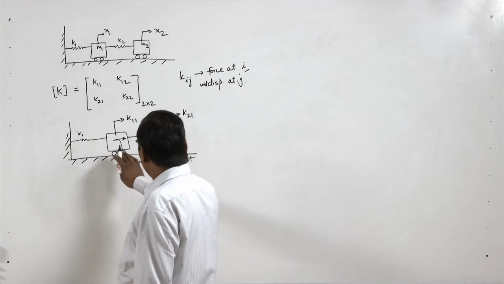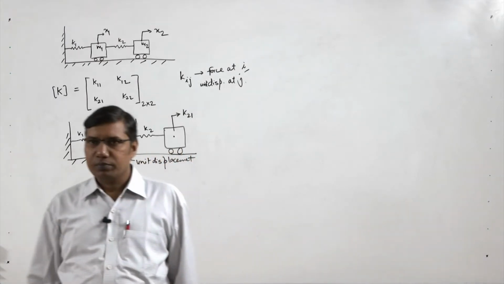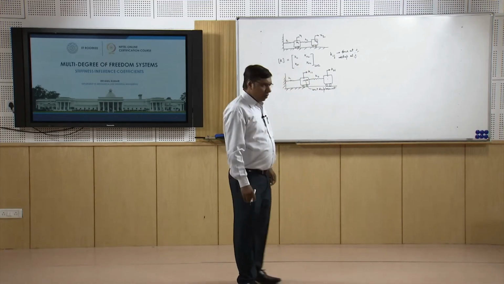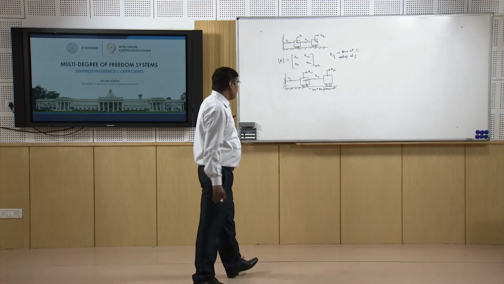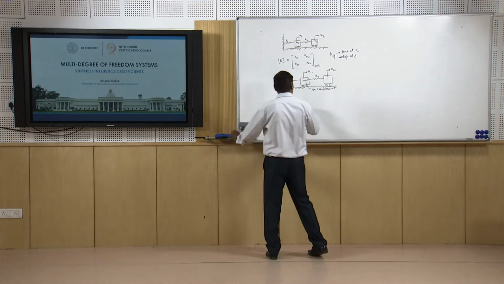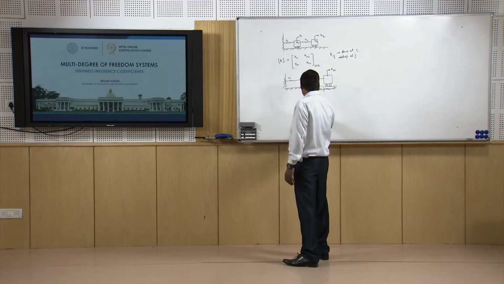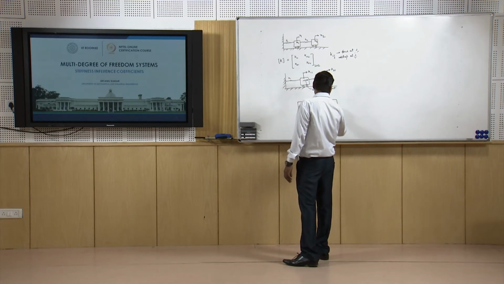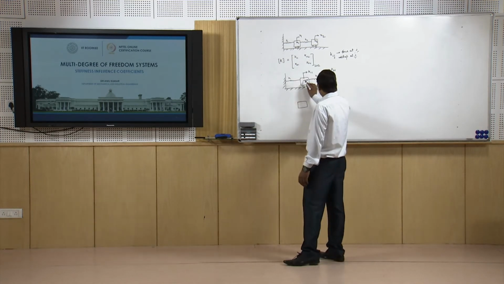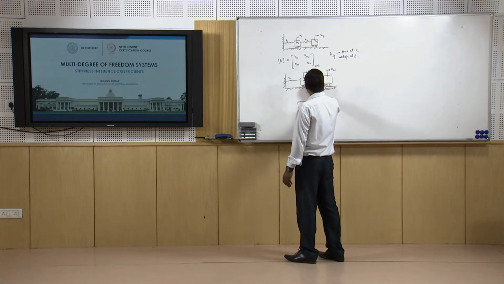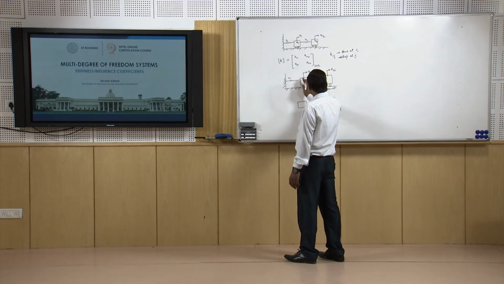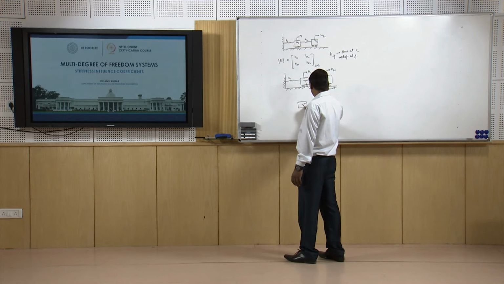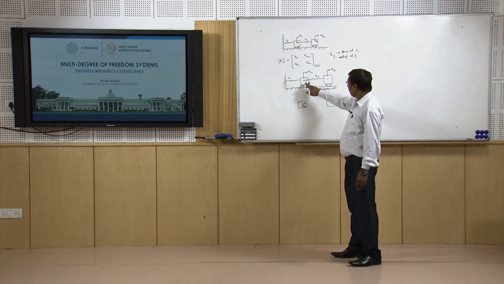Now we will show the free body diagram for this system. This is my first mass and this is the second mass. The first mass is having unit displacement. So when we are pulling, of course, the force K11 is acting on this mass.